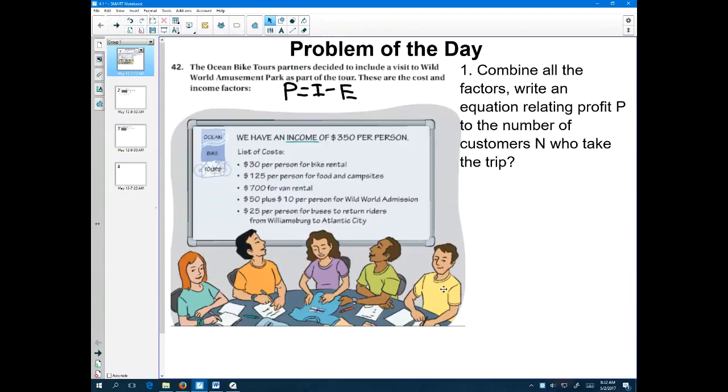Why would I do that? Combine all the factors, right? An equation relating always gain.